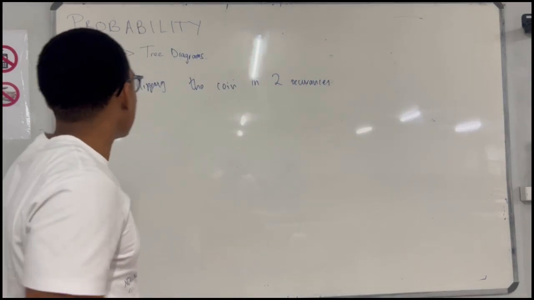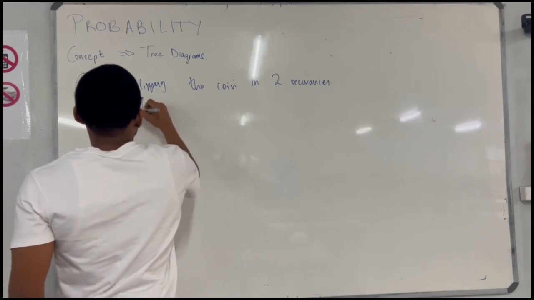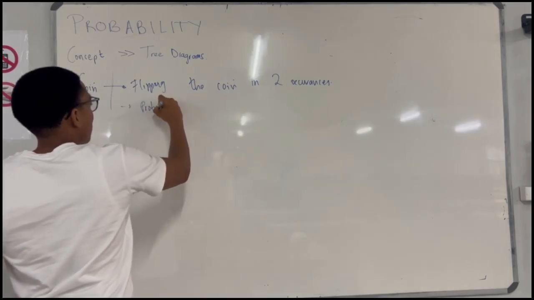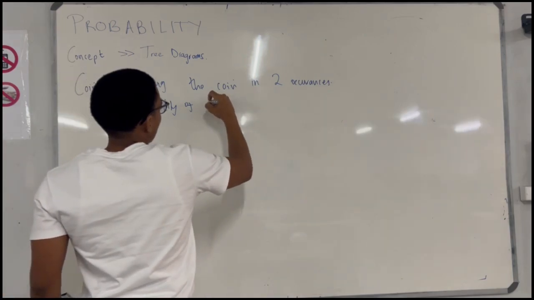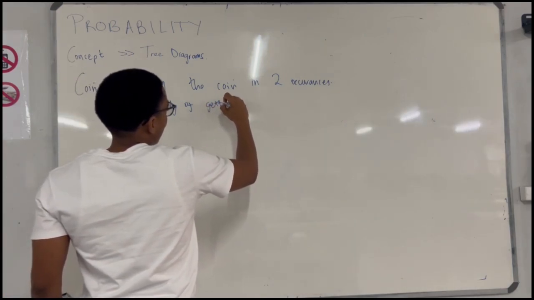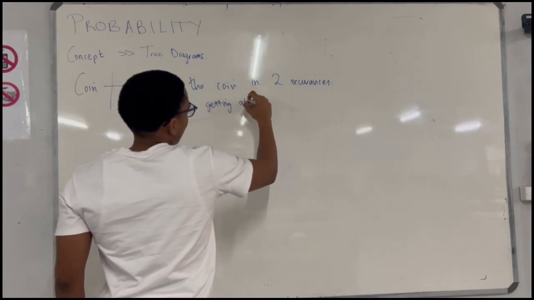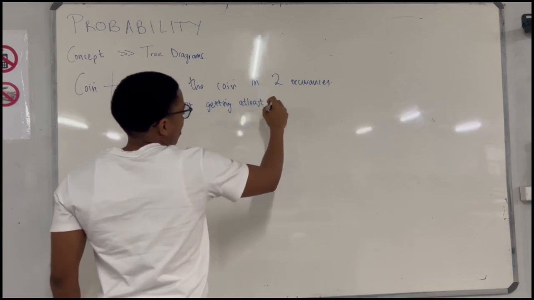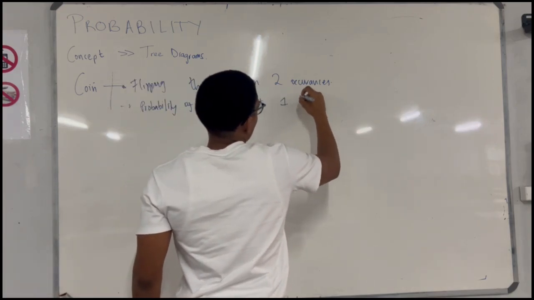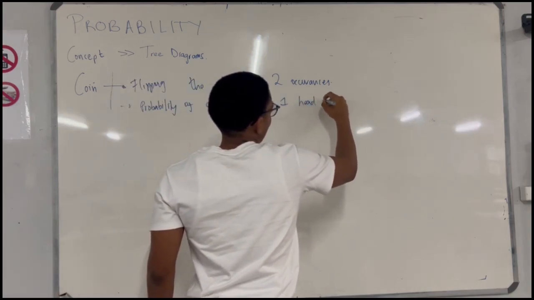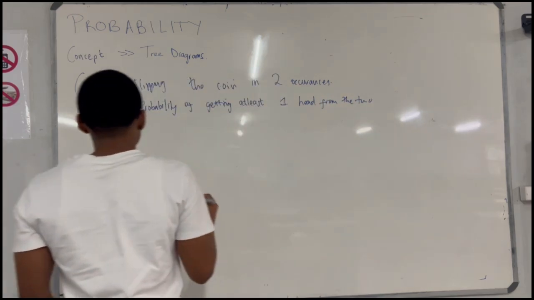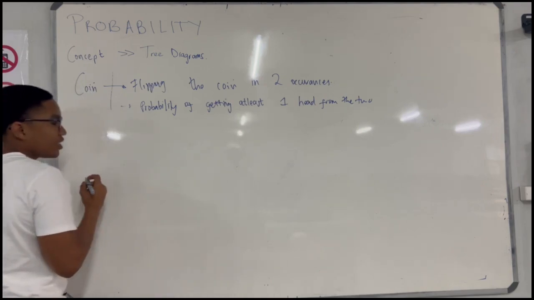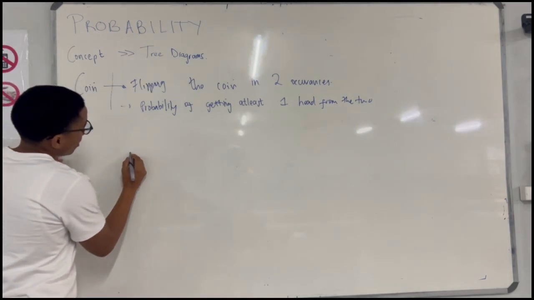The question states the probability of getting at least one head. From the tree, a tree diagram goes as such.